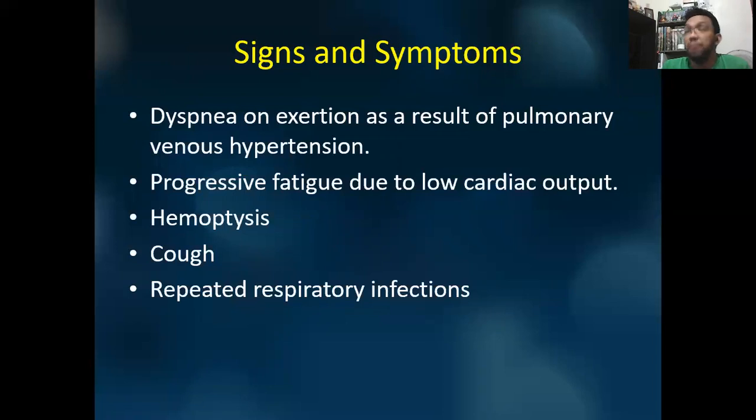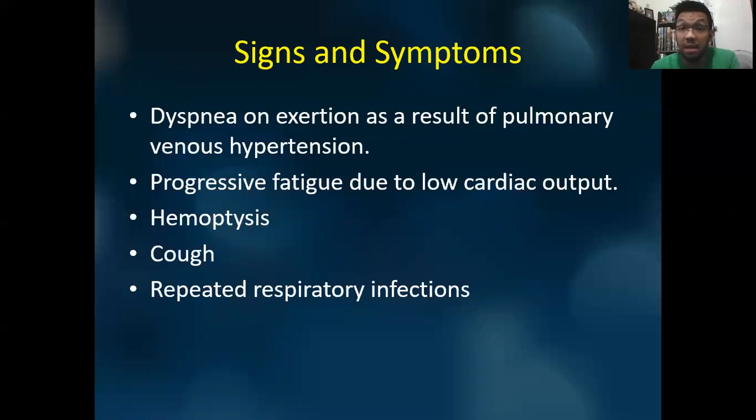So the patient will have a hard time taking in oxygen because of that pulmonary venous hypertension. There's also progressive fatigue due to low cardiac output, because there's only a little amount of blood that can pass through that stenotic valve.